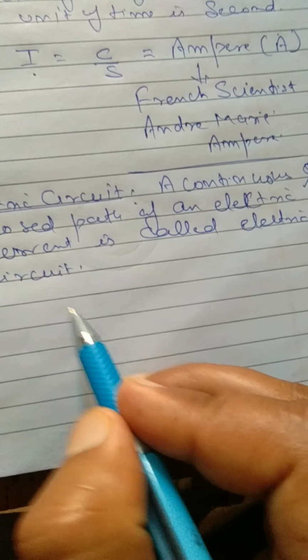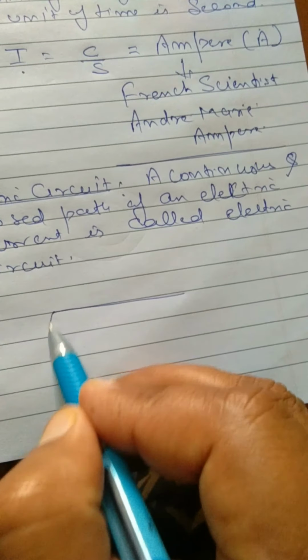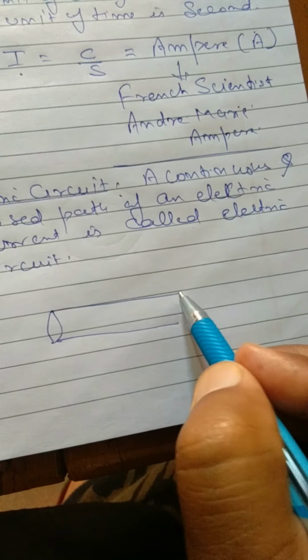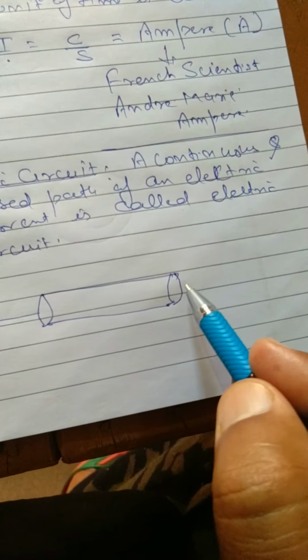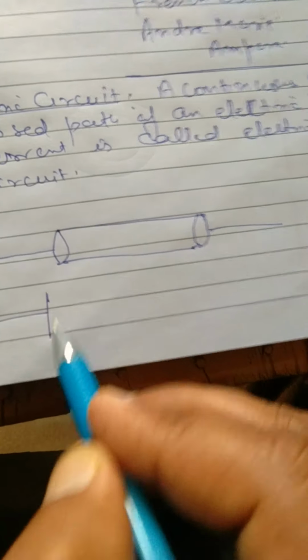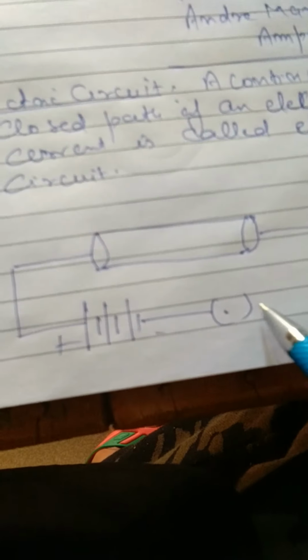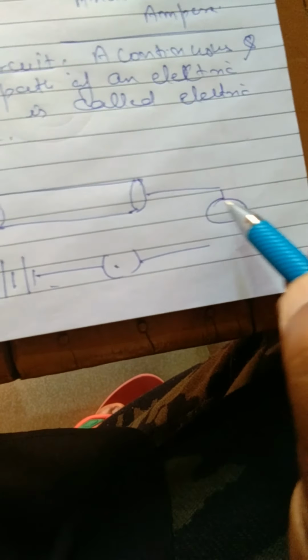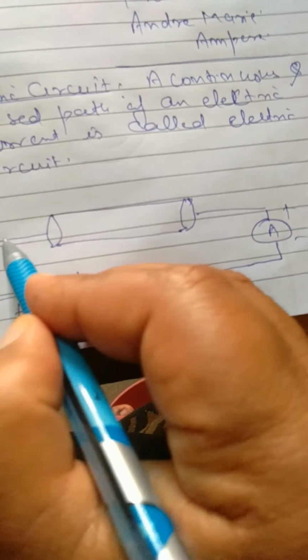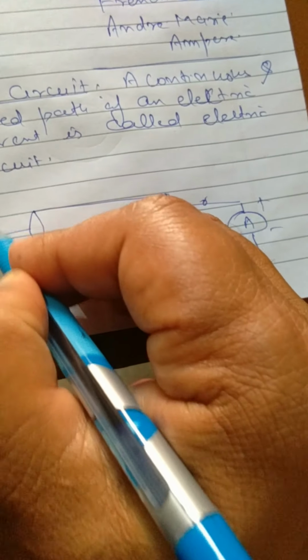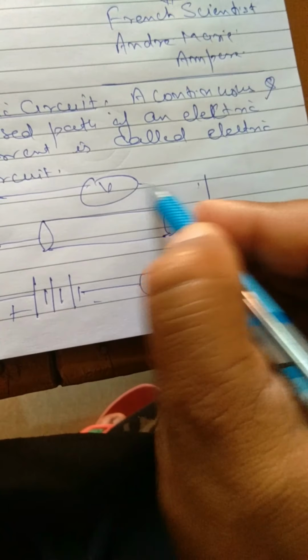Here we will draw the schematic diagram of an electric circuit and show all its components. Let us suppose this is a conductor or any metallic wire. From this and this, we will apply voltage across the conductor.